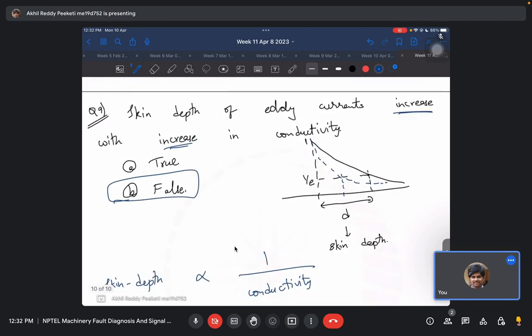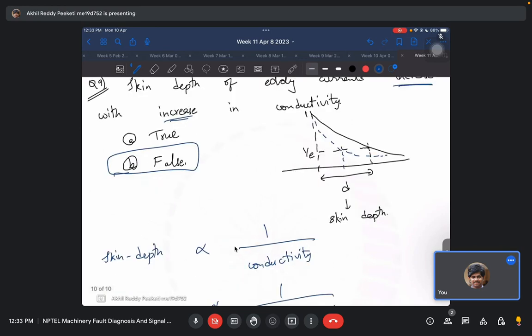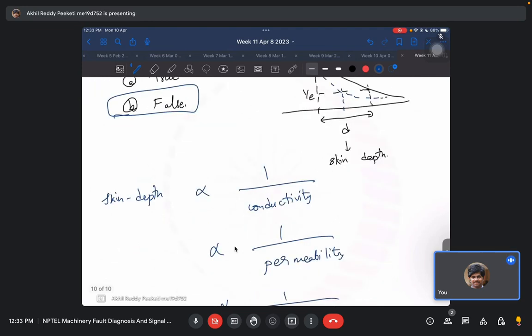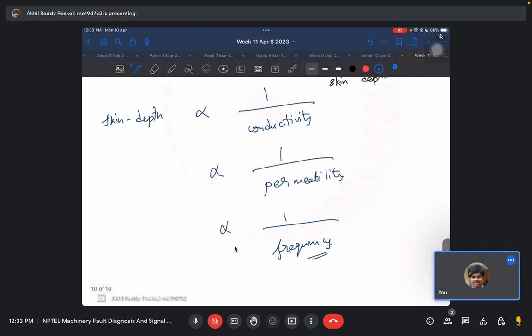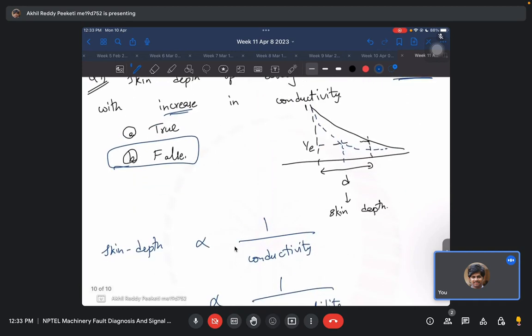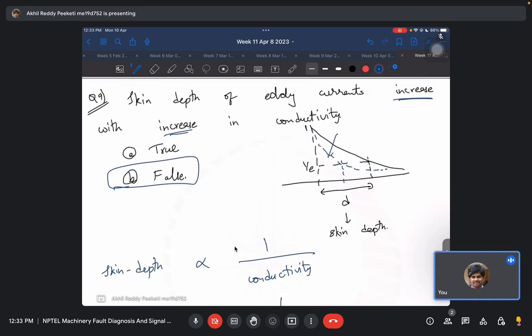So the skin depth is the depth at which the density of the eddy currents reaches 1 by E of the density at the surface, and if the conductivity or permeability of the sample increases, the skin depth actually decreases.